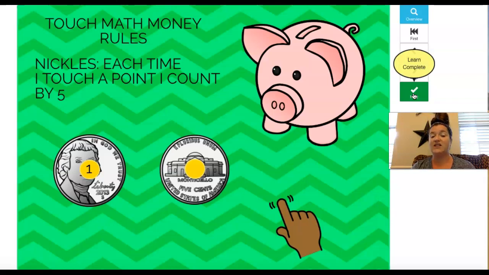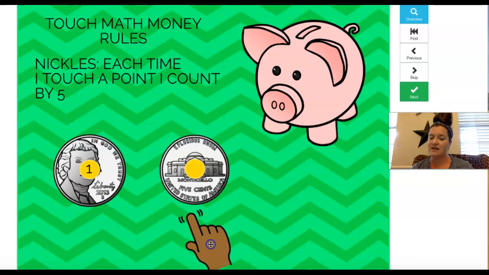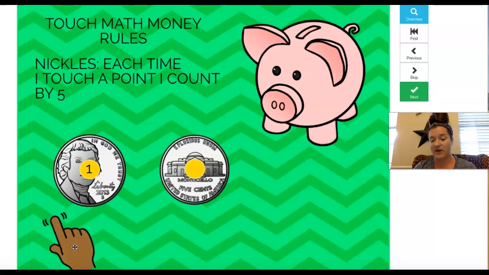Let's review the nickel. A nickel each time. Oops, before we do that, what is this? Heads, or the front of the nickel. And what's this? Tails, or the back of the nickel, because a nickel, just like a penny, has two sides. And our rules are, each time I touch a point, I count by 5. And how many points does one nickel have?